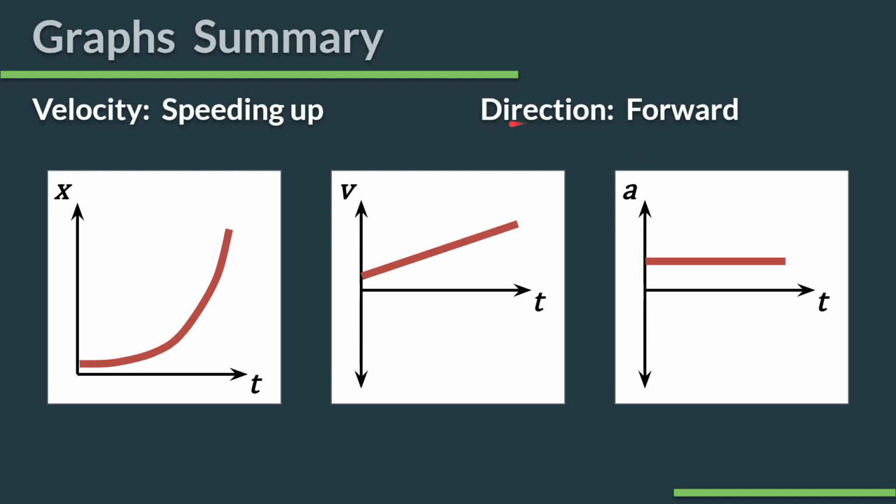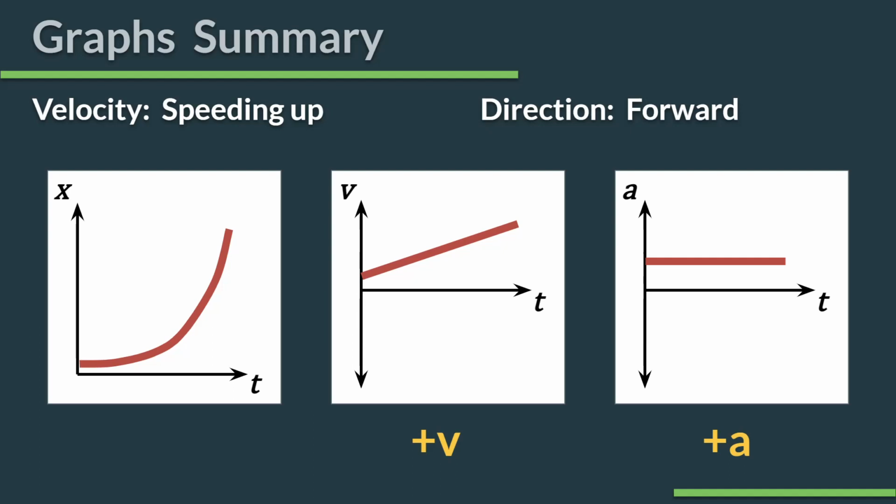So if I have an object that is speeding up while moving forward, I have both a positive velocity and a positive acceleration. There's another thing I want you to write down because this is a little tip to help you remember the signs of your velocity and acceleration. If your velocity and your acceleration occur in the same direction, like these are both positive, that means you're going to speed up.